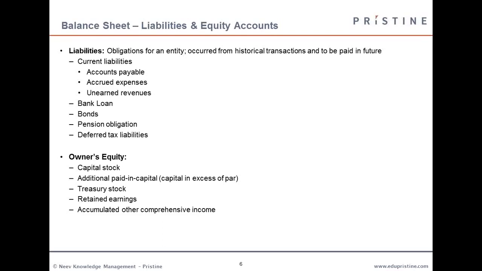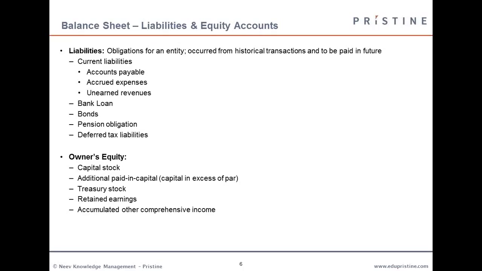Owner's equity, as I said, is the residual amount that remains after we take the difference between assets and liabilities. This has two parts. One is the retained earnings, which is the earnings of the company in that year plus the earnings from the previous years.